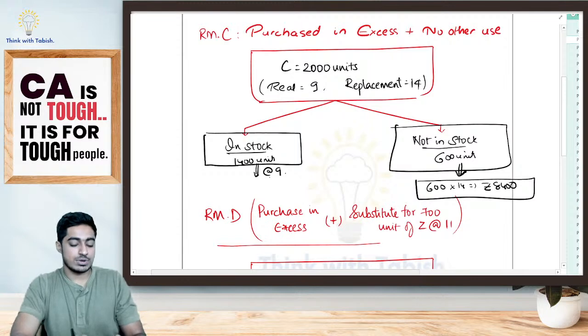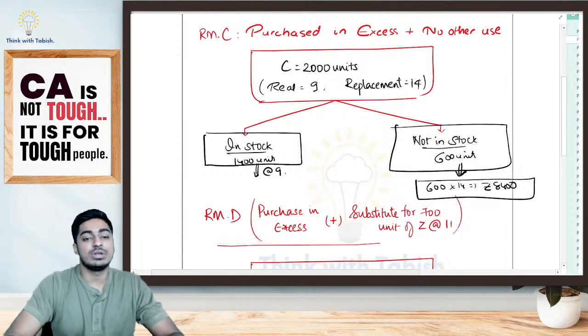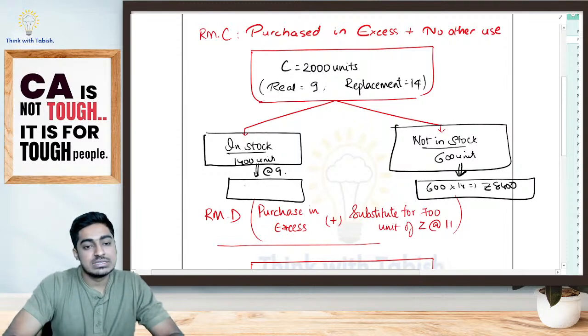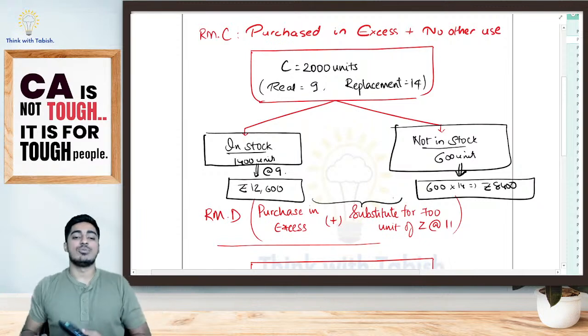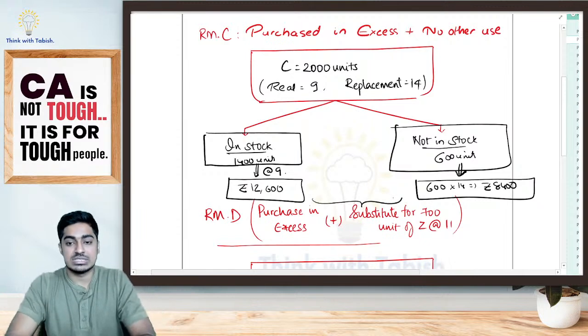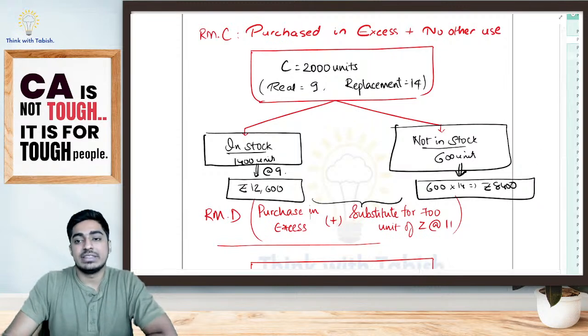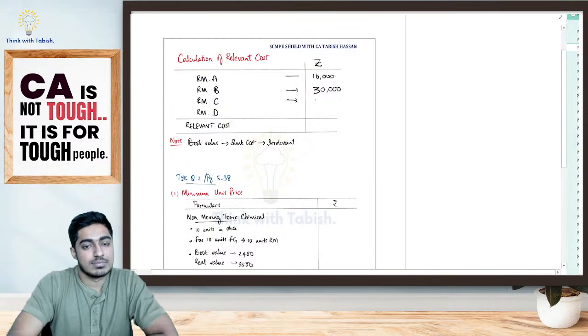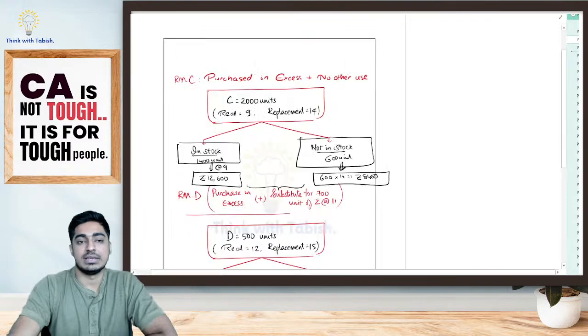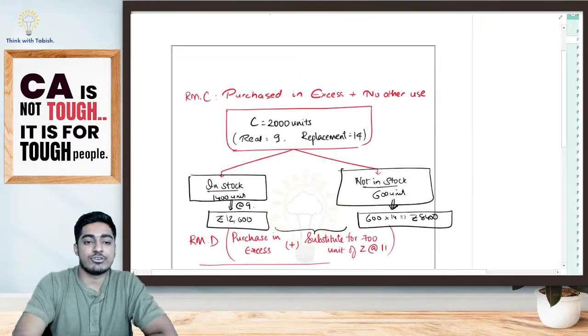So 1,400 units at the rate of 9 per unit, I would be getting 12,600 rupees. So altogether, how much is the relevant cost, students? 12,600 plus 8,400. It is going to be 21,000 rupees. Is it clear?